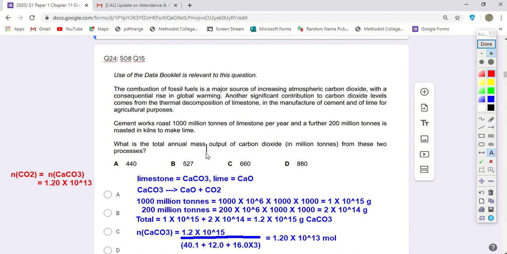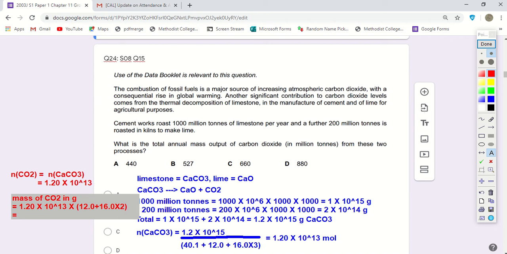So let's find the mass of carbon dioxide in gram first. So number of mole multiplied by the molar mass of carbon dioxide, which is 12.0 plus 16.0 times 2.